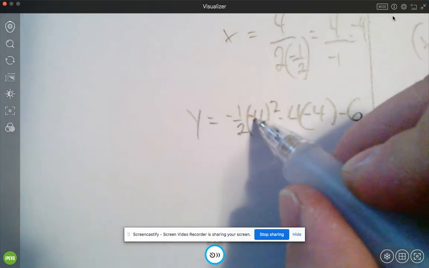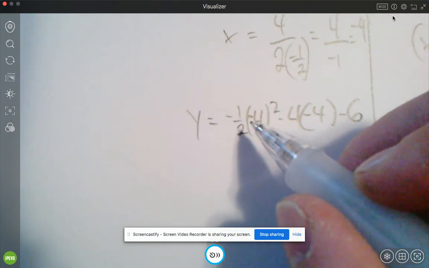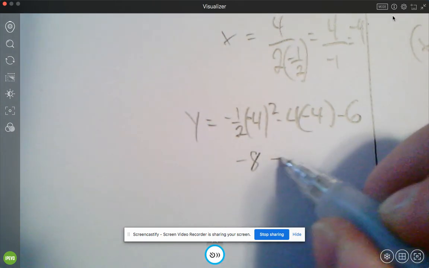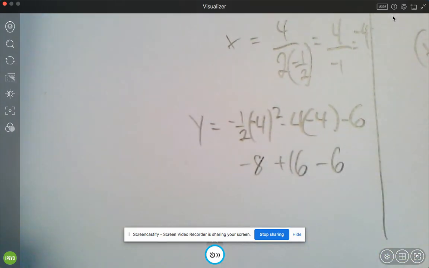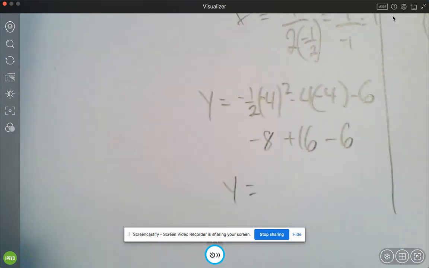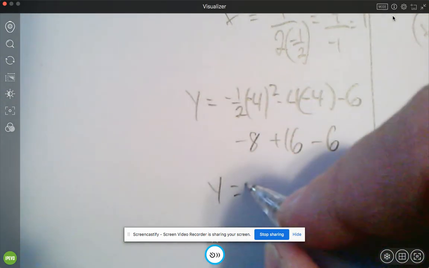So that's going to be 16 positive, but times a -1/2 would be -8, plus 16 minus 6. So my vertex is going to be different here. Let me just double check this. So -8 plus 16 minus 6. Yeah, it's going to be +2.